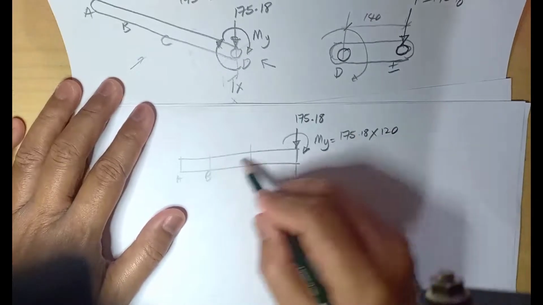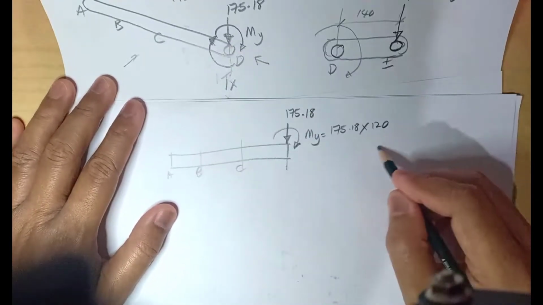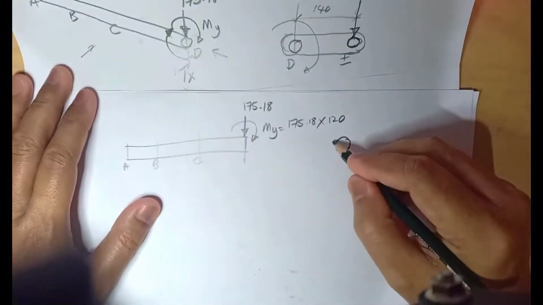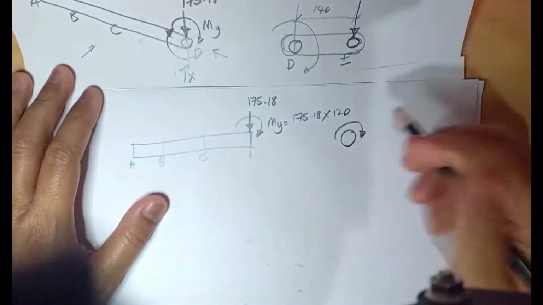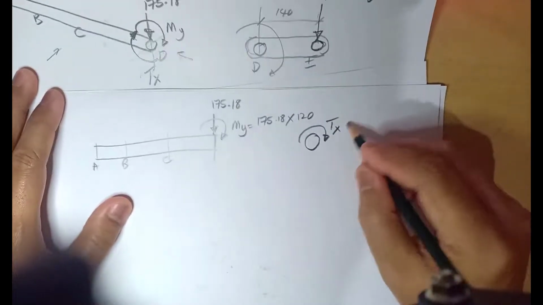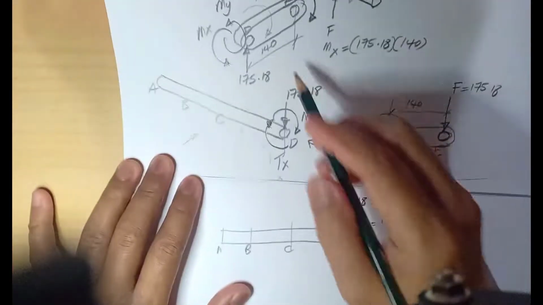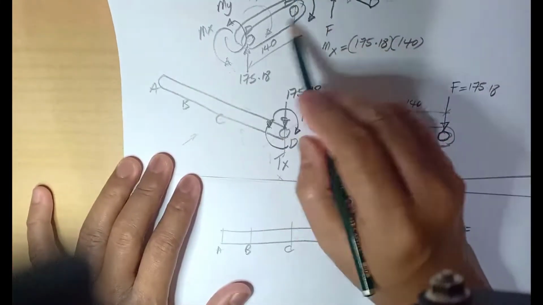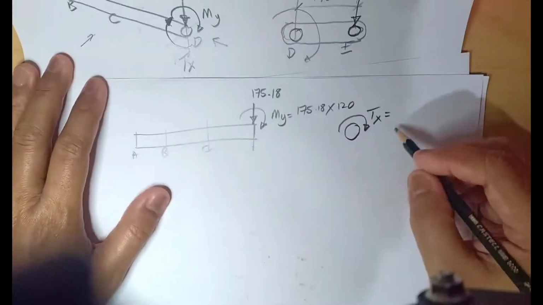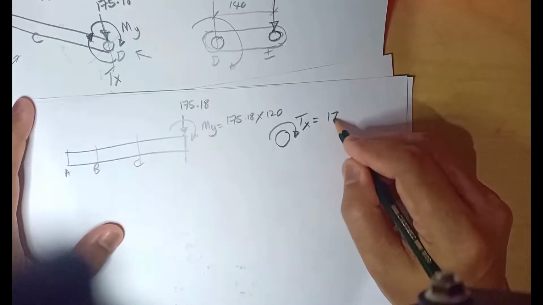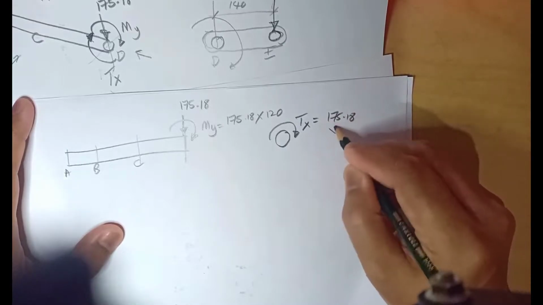But when we look on the side, we have torque X, and in the side view the torque X goes in the negative X direction, where torque X is 175.18 times 140.